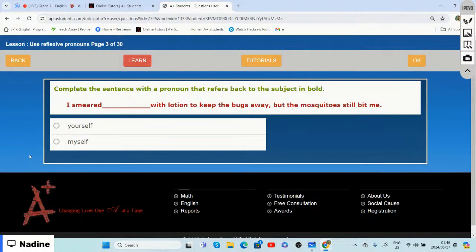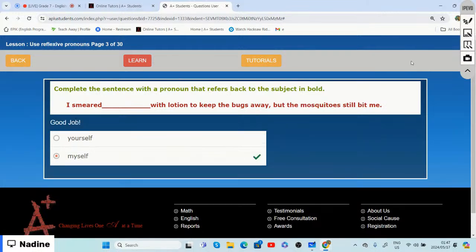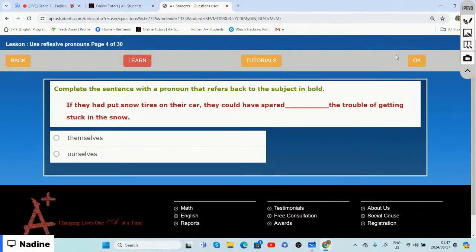Remember, our reflexive pronoun needs to refer back to our specific subject, whether it's a singular subject or plural subject. So we can say I smeared myself. So myself refers back to the singular subject, which is I.